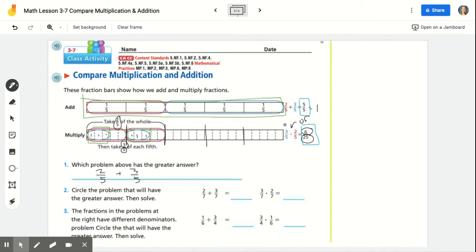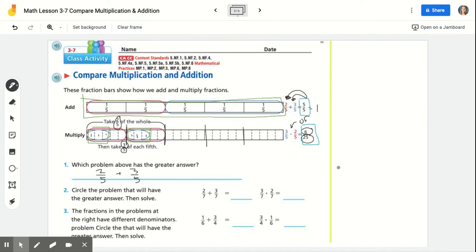And I want you to take notice, anytime we add 2 fractions together, our answer has to be bigger than each of our parts of our addition sentence. So I knew with 2/5 plus 3/5, my answer had to be bigger than 2/5, and it had to be bigger than 3/5.